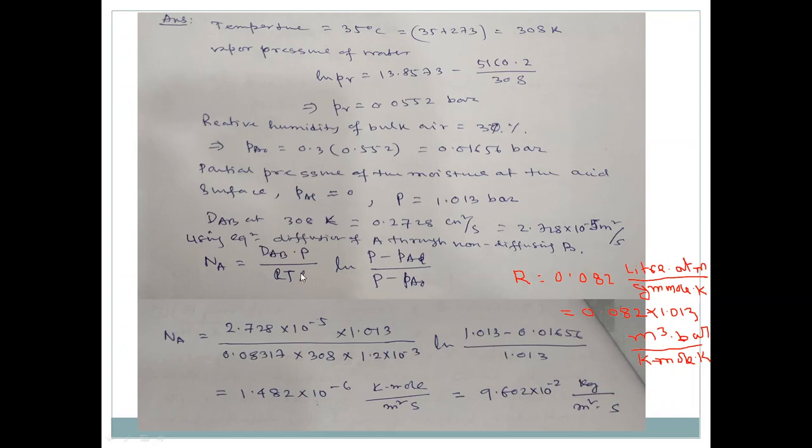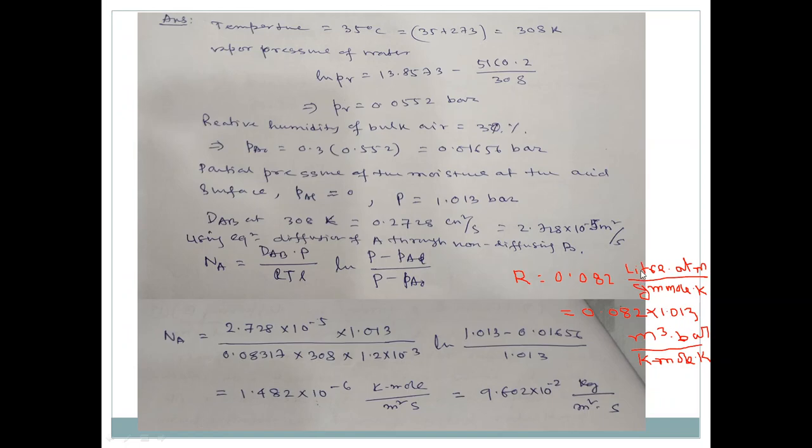But the thing is R. See, the unit of R is very important. Generally, people make a lot of mistakes; although you know all this, you should be a little careful in choosing. R equals, we know, 0.082 liter atmosphere per gram mole Kelvin. Now in this case, atmosphere to bar, so I will keep this as 1.08 there.